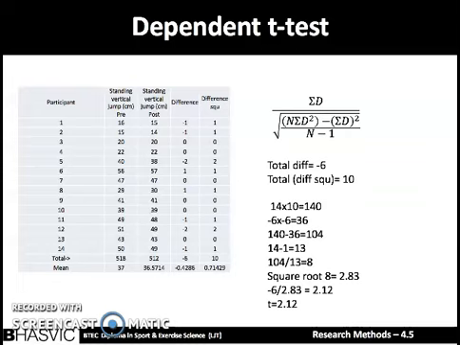So obviously in the equation you've got n times the sum of d squared minus the sum of d squared. So therefore you do 140 minus 36, which equals 104. Lower half of the equation, the bottom bit, you've got n minus 1. N minus 1 is 13 because 14 minus 1 is 13.